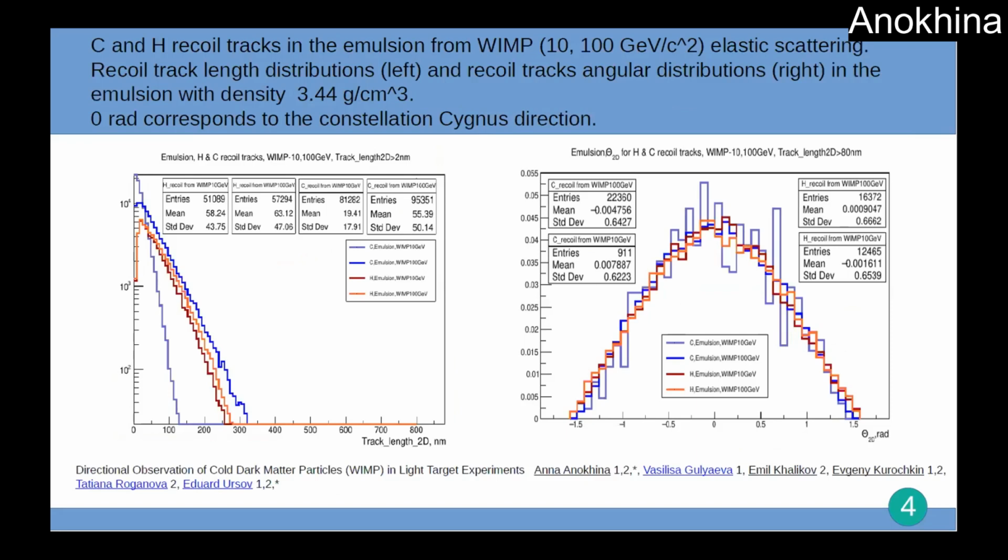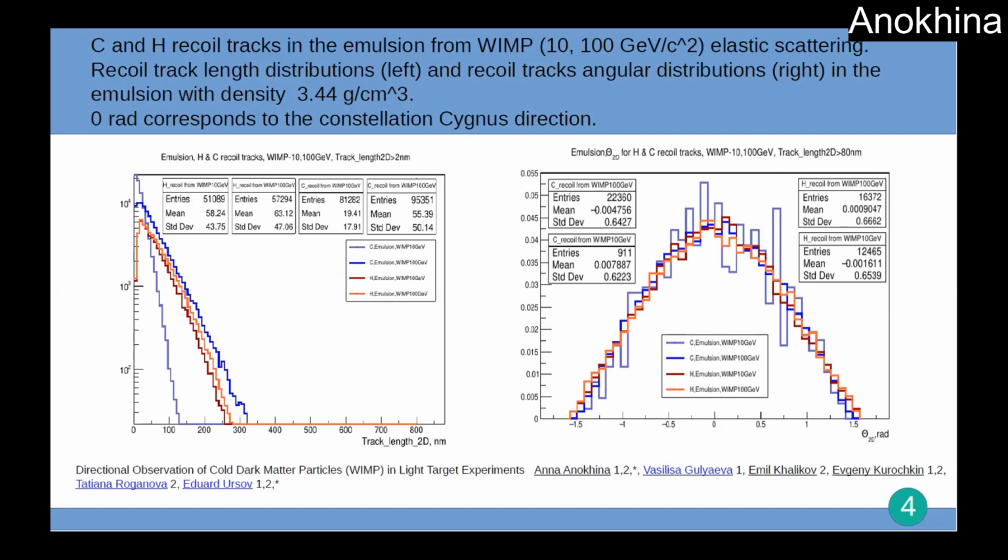As the next step, we estimate the sensitivity of 30 kilograms of our emulsion to such a so-called WIMP wind. On this slide, you can see the track length distributions for carbon and hydrogen recoils, and angular distributions for these recoil tracks in the emulsion with a density of 3.44 grams per cubic centimeter.